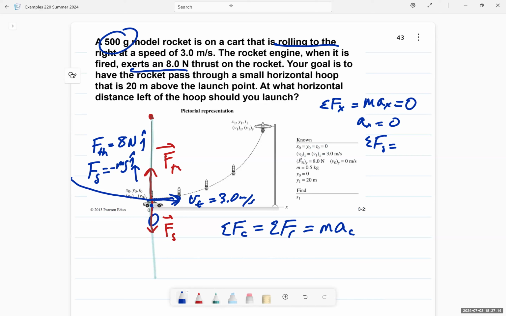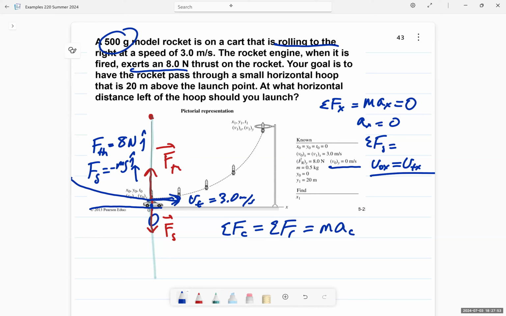All right, so then we know there's a vertical thrust force in the upward direction of 8 newtons. And obviously there's a gravitational force of negative mg, which we'll look at. Since the initial motion was along the horizontal axis, the initial vertical velocity is set to 0, because the car is initially moving only along a flat road when it launches the rocket. So the initial velocity in the x direction is the same as the final velocity in the x direction; there's no change in that.